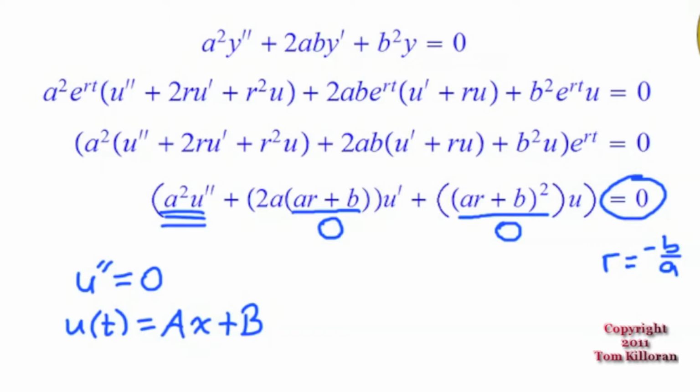And that kind of gives us a hint on how to deal with the second root that we need to copy. So we take this linear function, and our y is now going to equal (ax + b) times e^(rt). In this case r is negative b over a, but I'm just going to write it e^(rt).